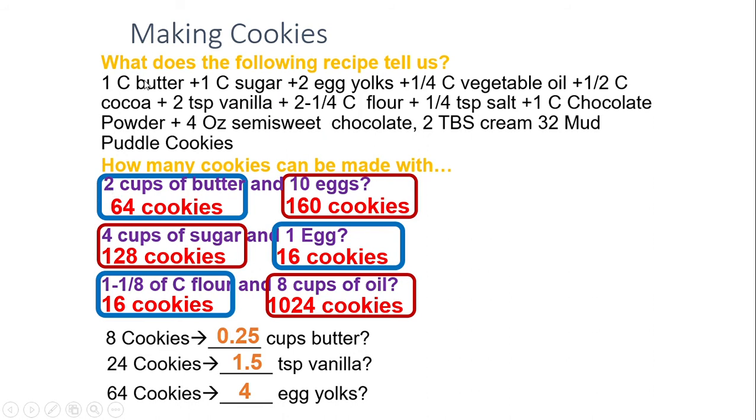You need to double the butter, so we have 2 cups of butter. And we also need to double the eggs to get 64 cookies. So 2 egg yolks, doubled, will become 4 egg yolks. Same with the different ingredients.